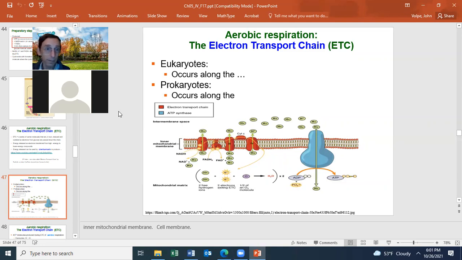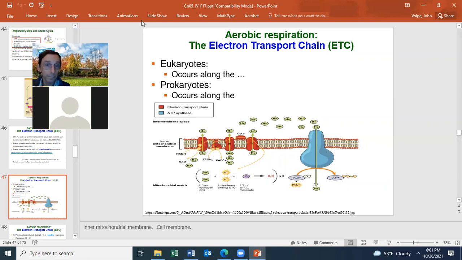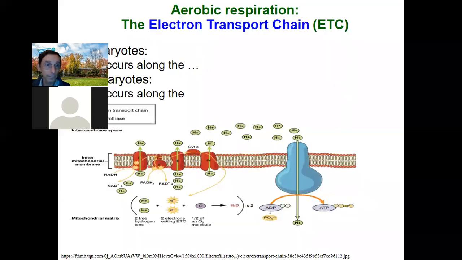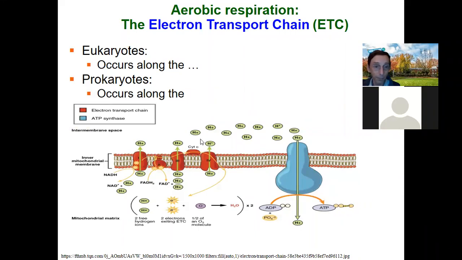Along the way, let's blow this up a little bit. As the electrons move through some of the proteins, including this one and this one and that one, the electron gives the protein enough energy to pump hydrogen ion from this side of the membrane to that side of the membrane.